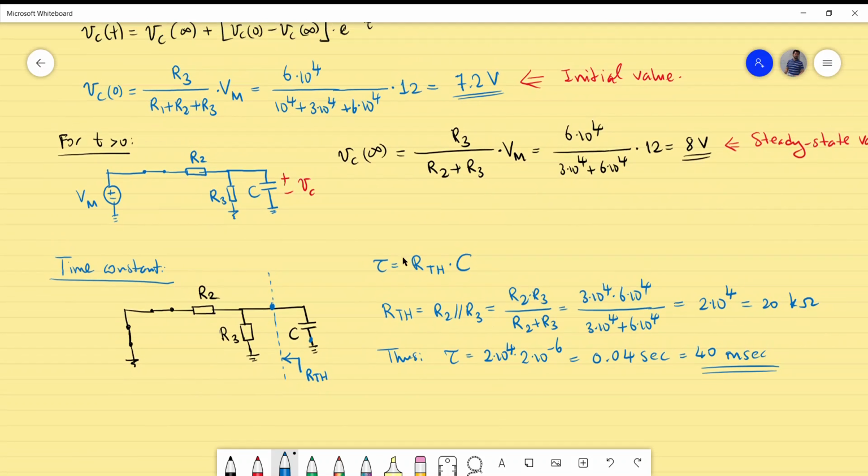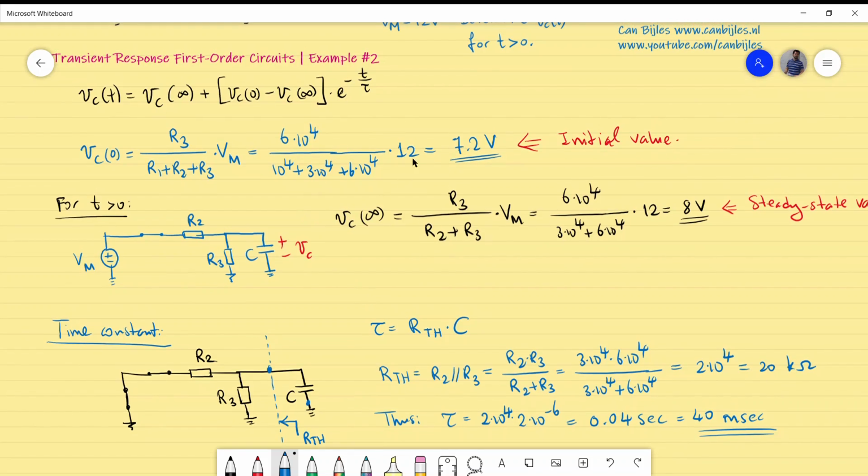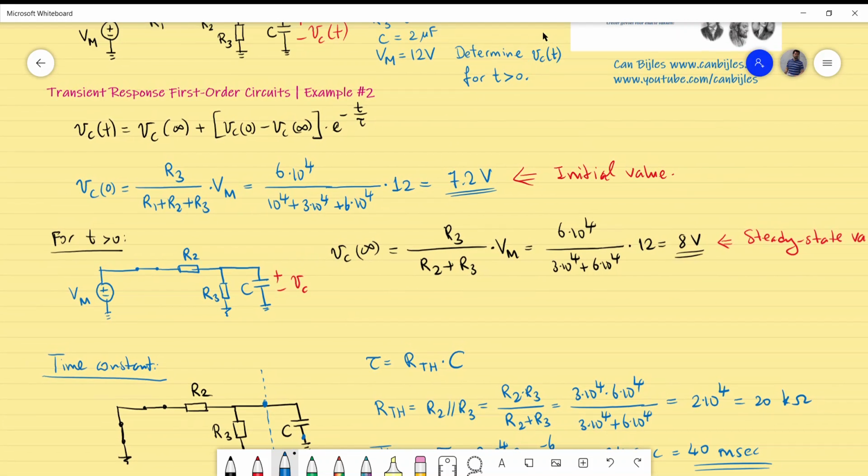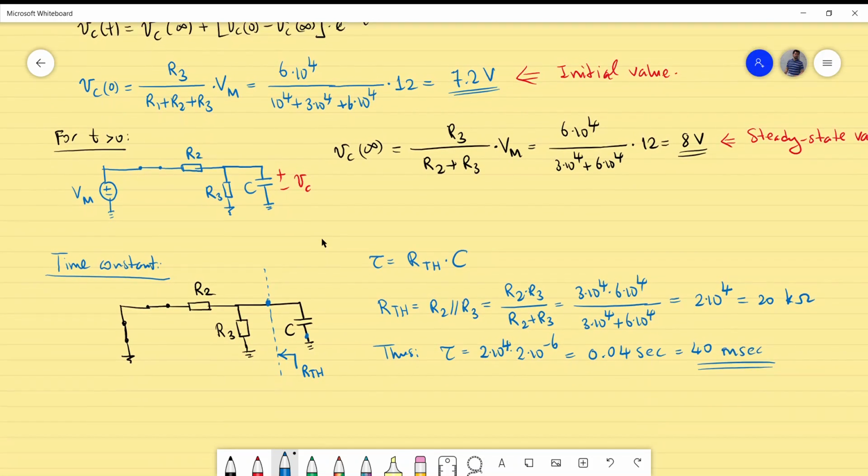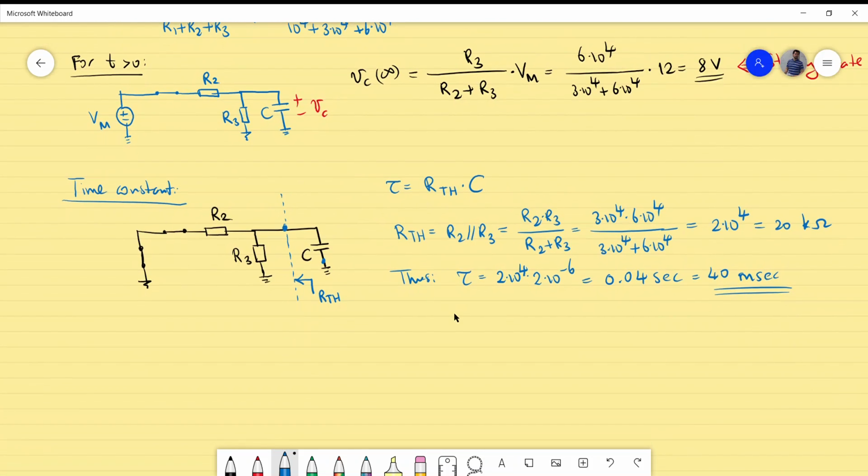And we need to fill in the formula. That's also what's required, because they need the formula for Vc, the capacitor voltage. So this is actually the formula, and we will fill in, and that's actually the whole job. Okay, let's do that.